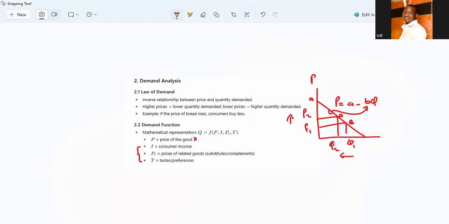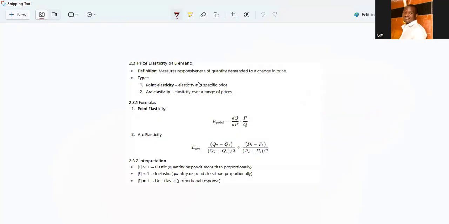And we also looked at price elasticity of demand yesterday. What is price elasticity of demand? Price elasticity of demand is simply the responsiveness of demand due to changes in the price, due to changes in income, due to changes in other factors like population, etc. So elasticity of demand, we said if it's greater than 1, it is elastic.